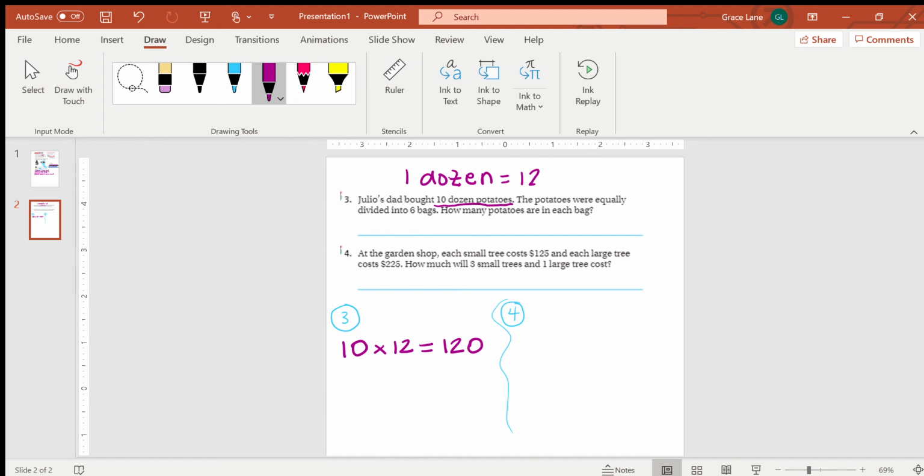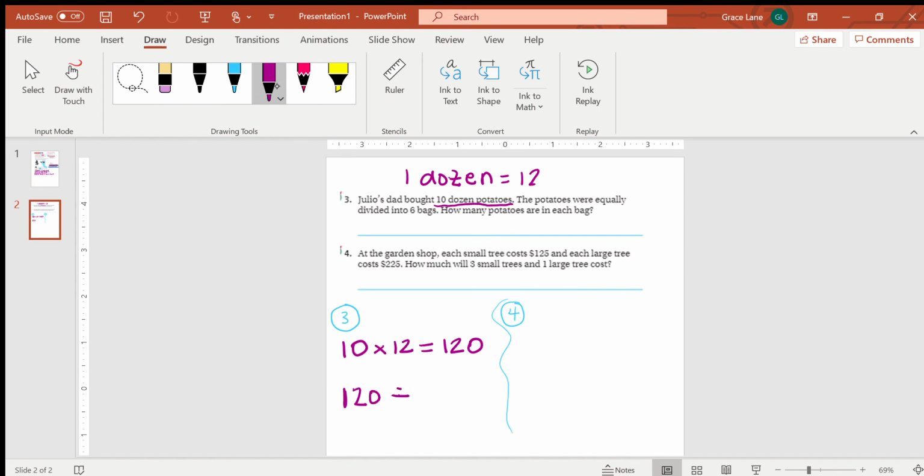Then we are dividing it into 6 bags. So now I'm going to do 120 divided by 6. You could do long division, or if you remember the zeros trick, let me show you the zeros trick.